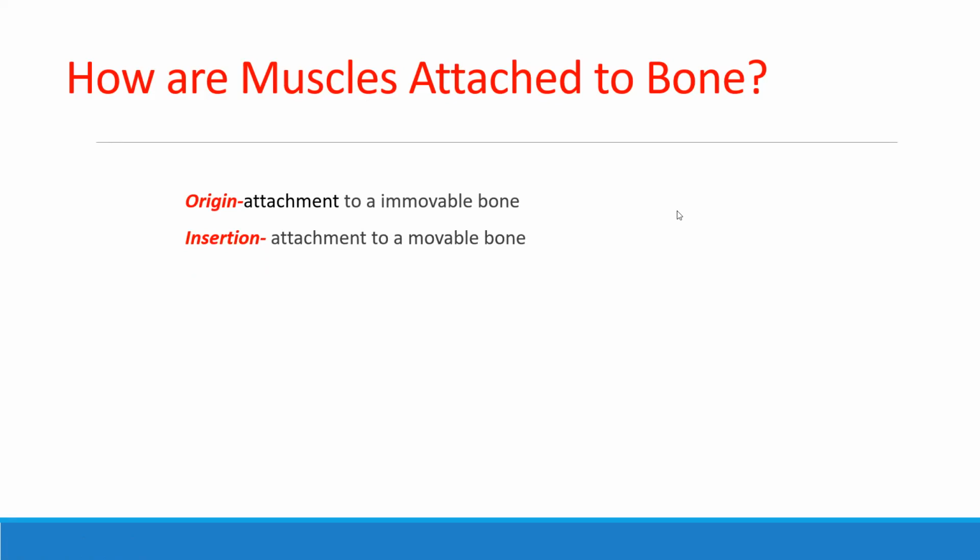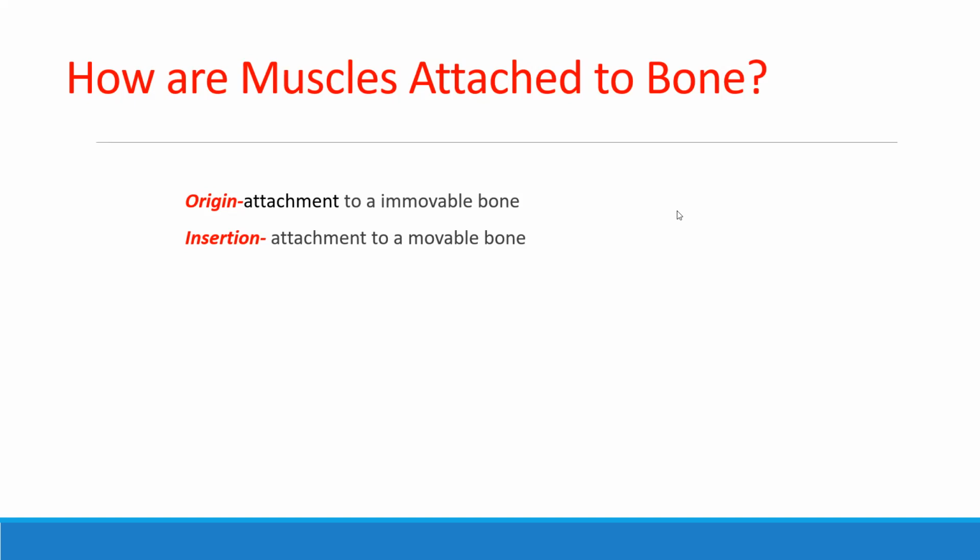So a muscle will have at least 2 points of attachment, an origin and an insertion. The bone that the insertion is on is the bone that moves. So we have a stationary bone and a bone that moves.